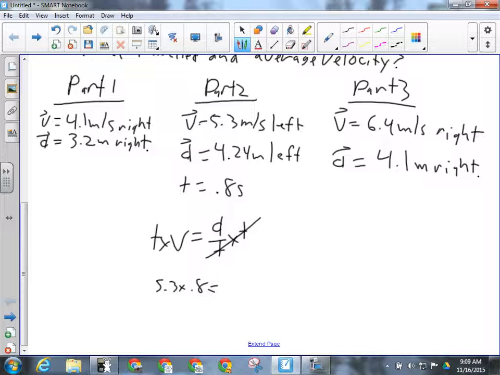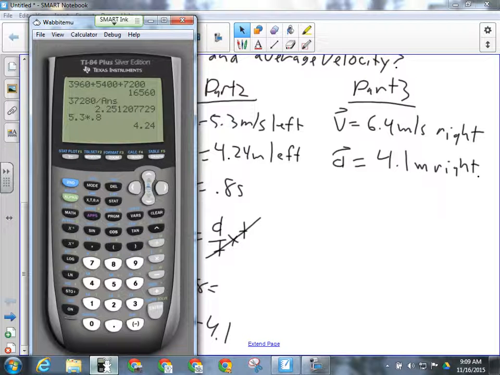All right, so the total distance traveled is going to be 3.2 plus 4.24 plus 4.1. All right, so the total distance traveled by the ping pong ball is 11.54 meters during this particular rally.